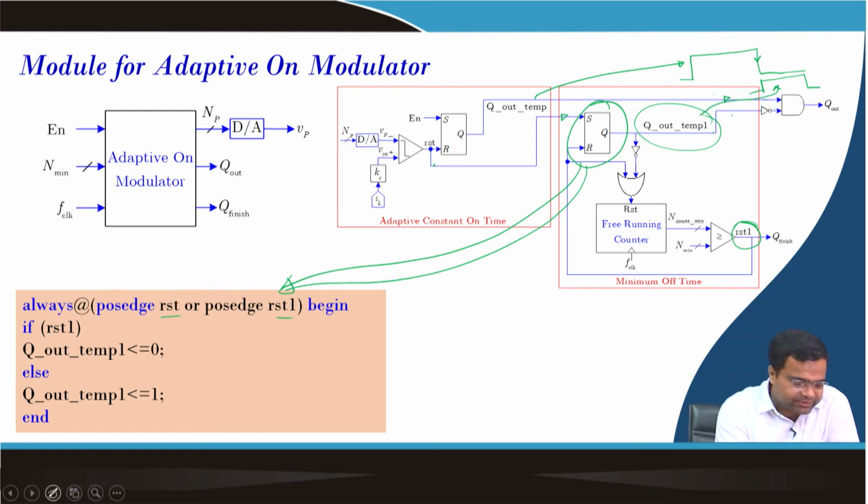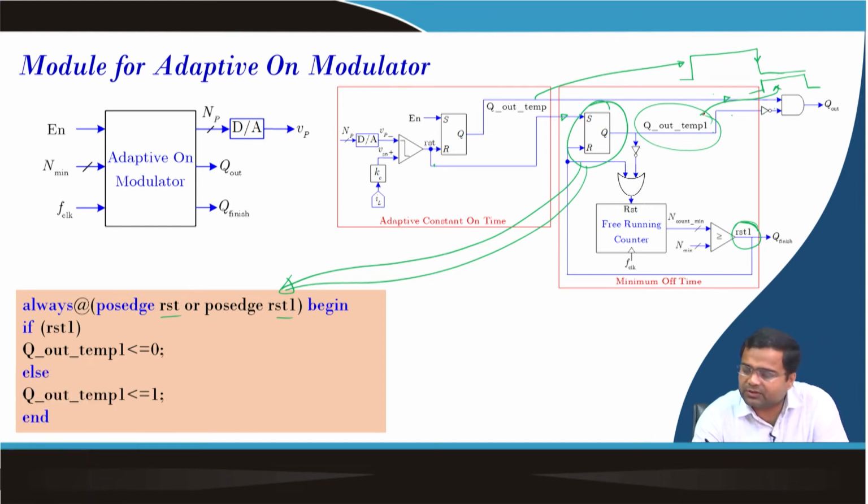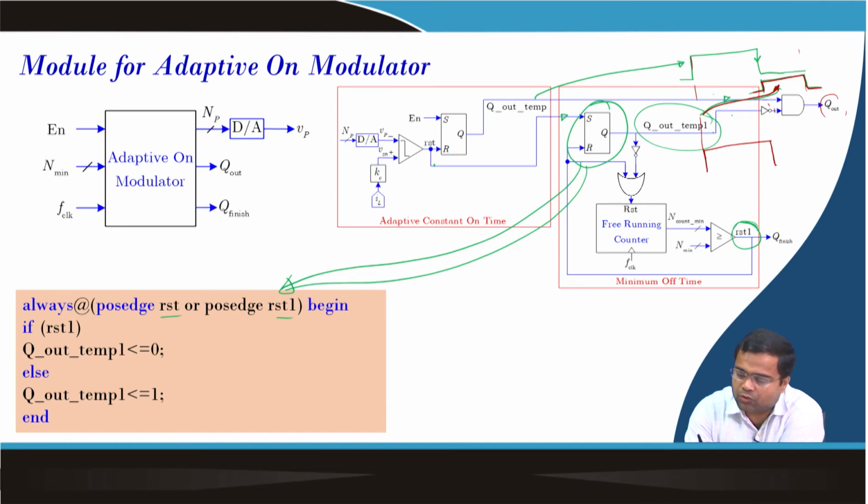Maybe I can use a different color. This is the minimum on-time. So, during this time when this is high, this will be low, and whatever the signal is, it is an AND, so it will become low. So the net output will be high, then low, and again now this is released.